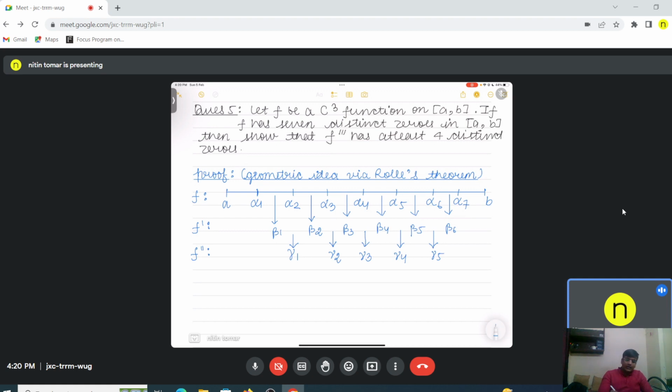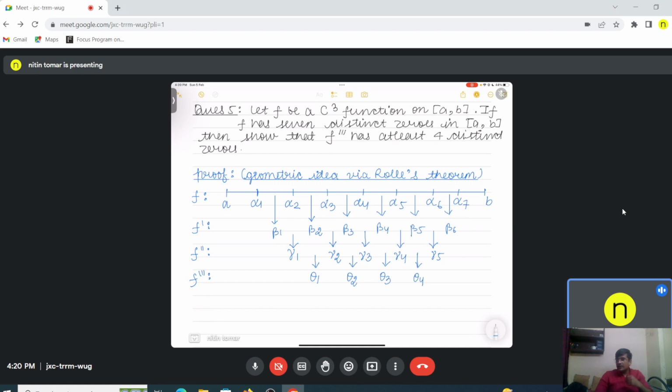Now again, this is third time differentiable, so you apply one more time. Between gamma 1 and gamma 2 you will have theta 1 as the zero, then here theta 2, here theta 3, and then theta 4.